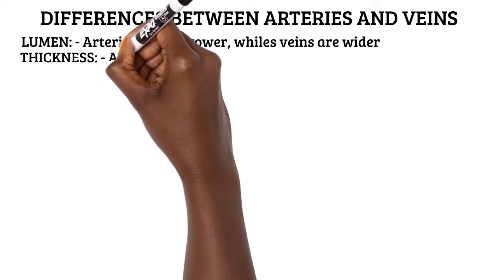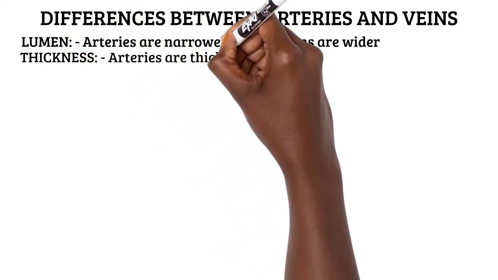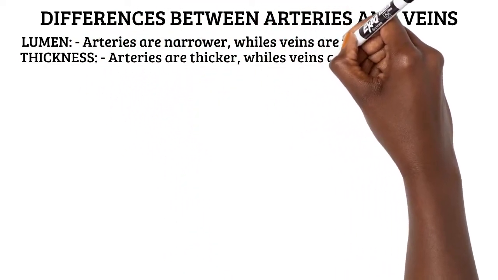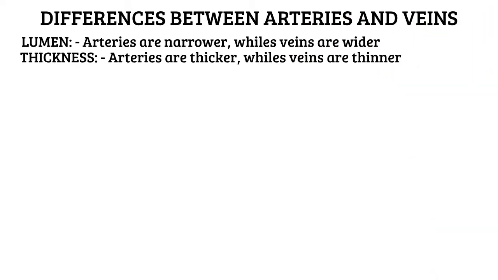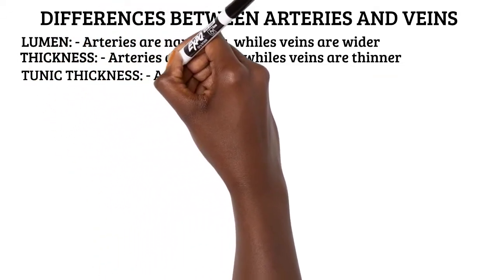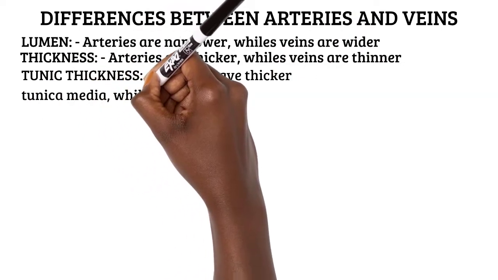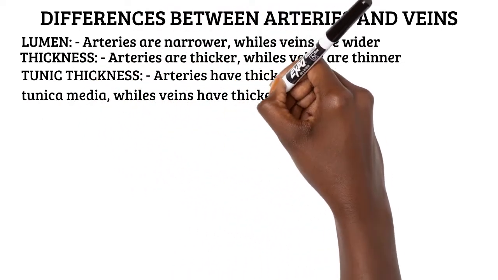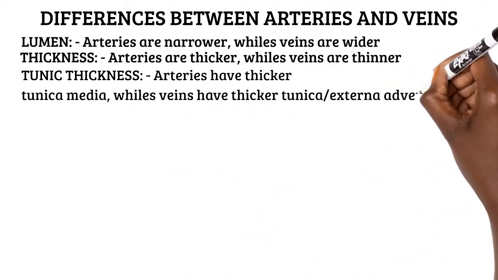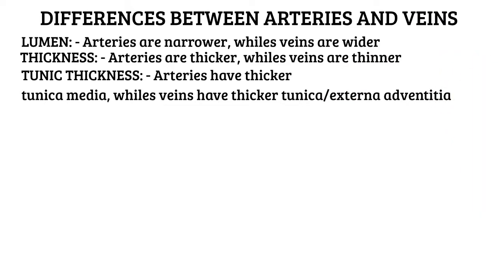So the wall in artery is thicker, whilst in vein it is thinner. Talking about the thickness of the tunics, the tunica media is thicker in artery. In vein, the tunica externa is thicker.